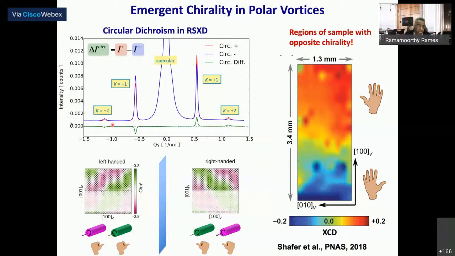What you see here is basically the diffraction data that I showed you in the previous slide, except it is in the form of a spectrum. That diffraction data is for circularly polarized light, positive and negative. And in ideal terms, unless you had a ferromagnet, for a material like a ferroelectric, there should have been no difference between this red and the blue spectrum, because there is no magnetism.